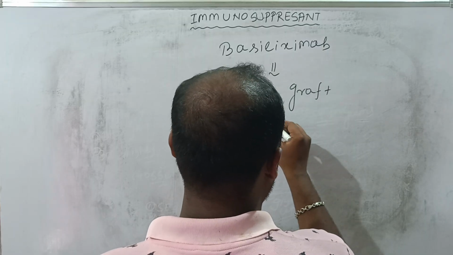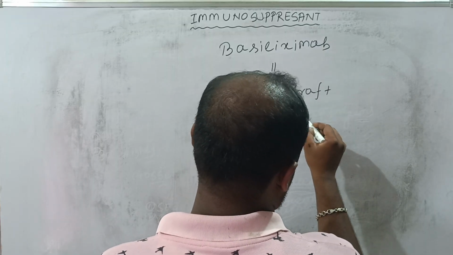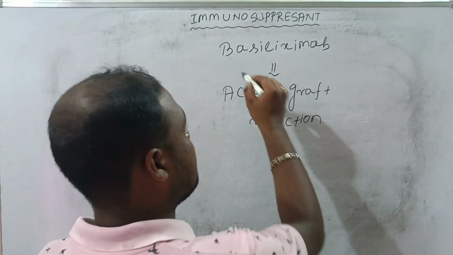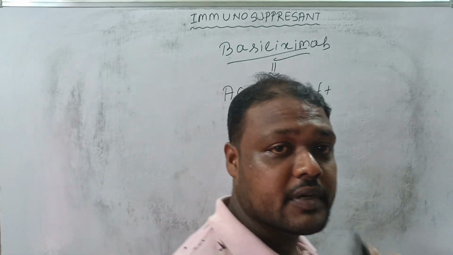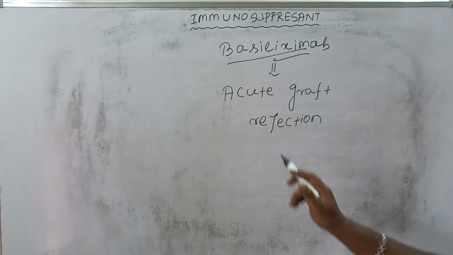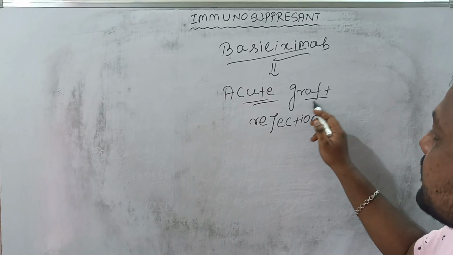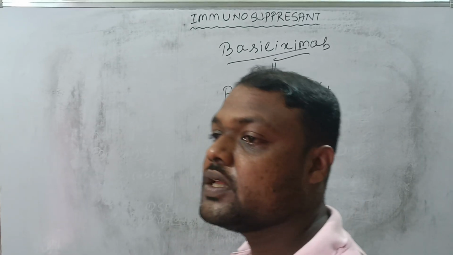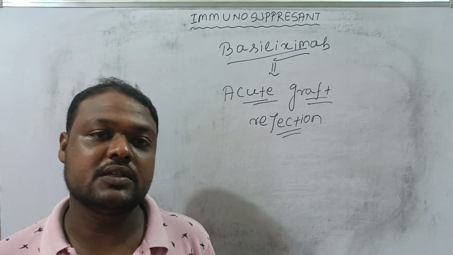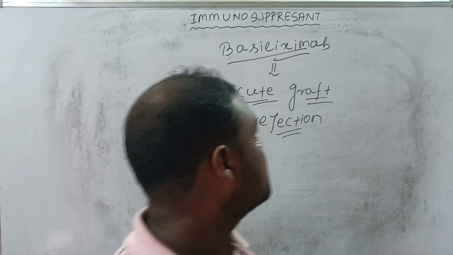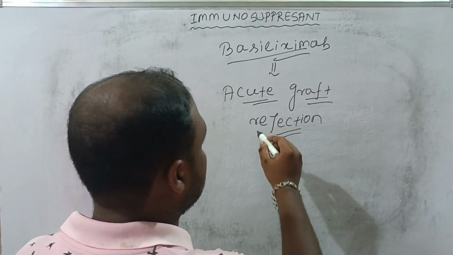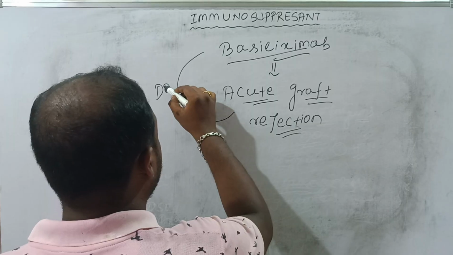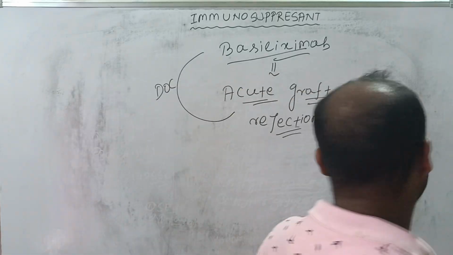So if the question asks the drug of choice in acute graft rejection, it is basiliximab.